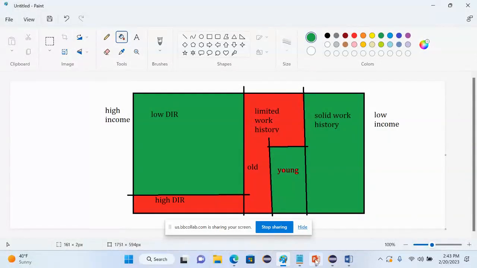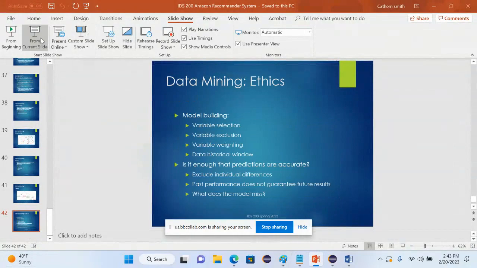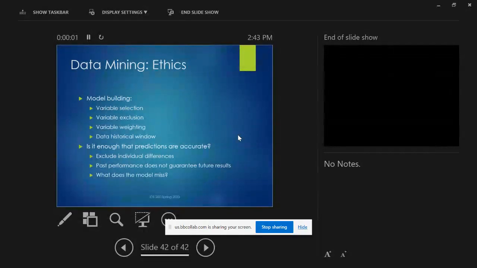Okay. Now, last point, ethics. So about 20 years ago, Enron, what's the word I'm looking for? Very publicly crashed and burned.